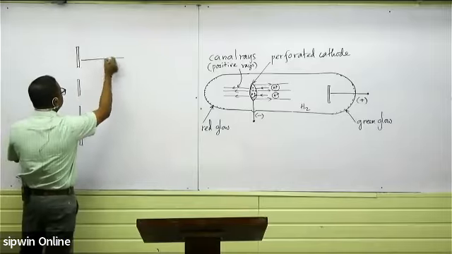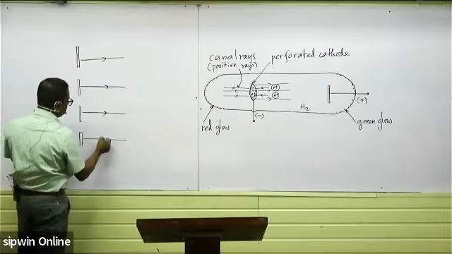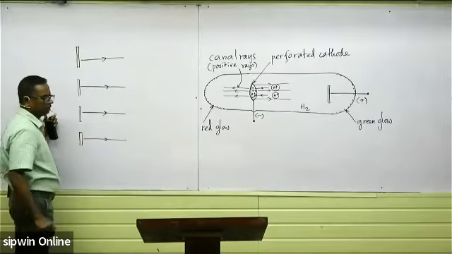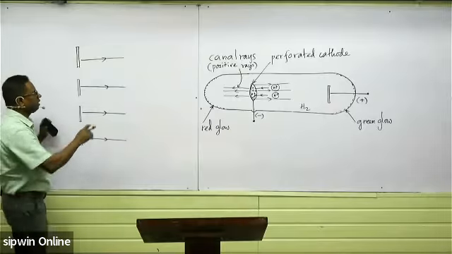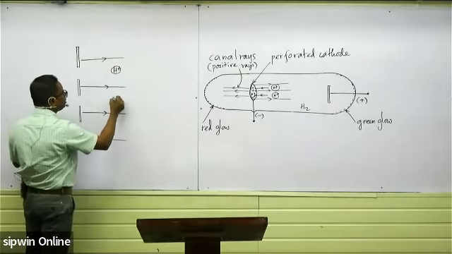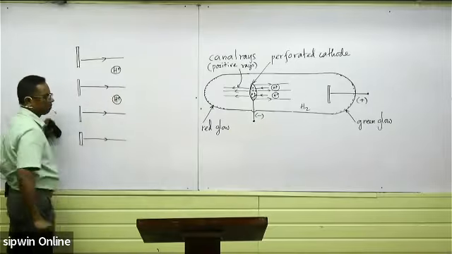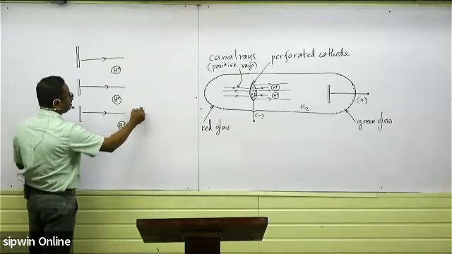Then cathode rays pass to this side. Cathode rays start from the cathode metal plate. Gas particles fall on it, for example H plus ions are produced like that. Cations are produced.